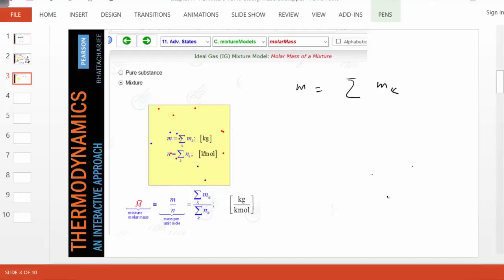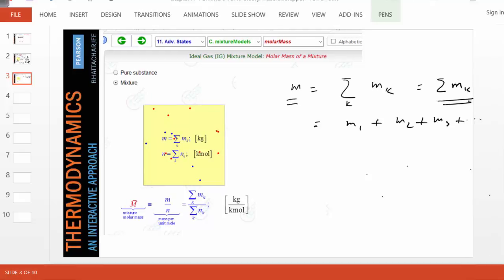So if I sum over all the masses, M1 plus M2 plus M3, we are summing over k, but we'll pretty much drop that subscript. We'll simply write it as the summation of Mk for a quick expression. So it should be understood immediately. The total mass is the sum of all its components.